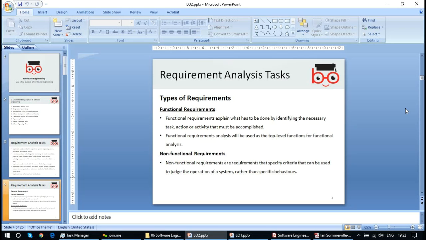So you can derive the context of non-functional requirements from the functional requirements. You provide the functionality, and the non-functional requirement is how well the functionality performs.